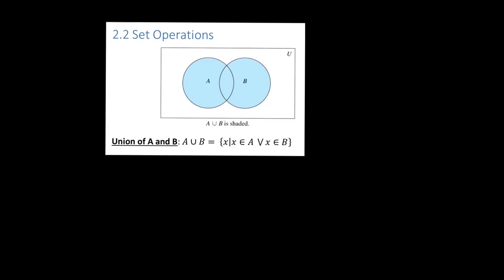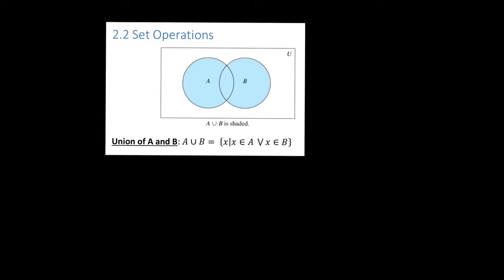All right, what can we do with sets, set operations? So the first one is we can take the union of 2 different sets. So in Venn diagram terms, I have my universe, I have a set A and a set B, and the union is what you get when you stick both of those sets together.